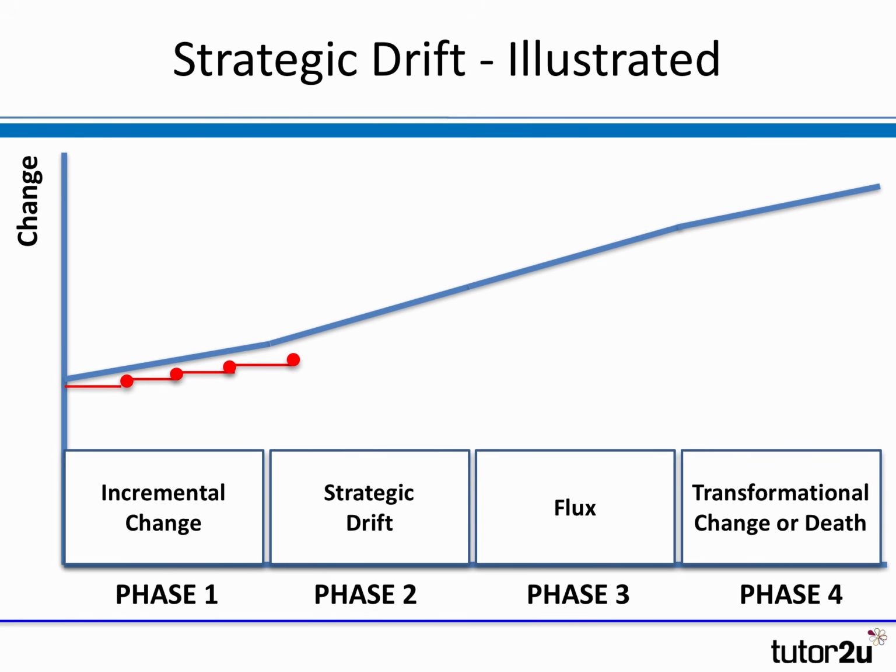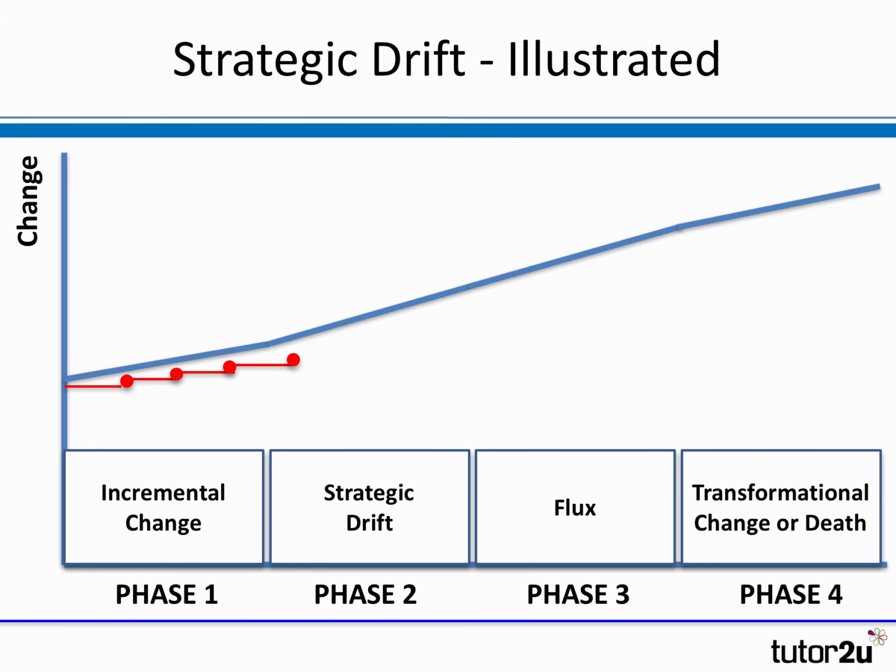Now, of course, what businesses try to do is they try to step by step amend and vary their strategy to take account of the change in the external environment. And that's illustrated there by those 4 small steps in strategy, a process called incremental change. Just making small changes as we go, picking up on the opportunities and threats. And by the end of phase 1, we're still pretty much in touch, aren't we, with the change line.